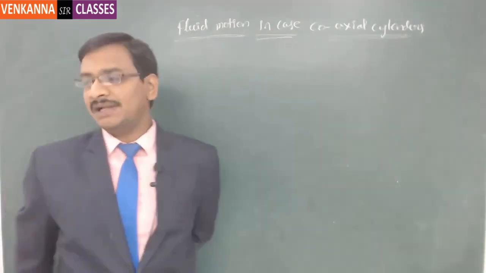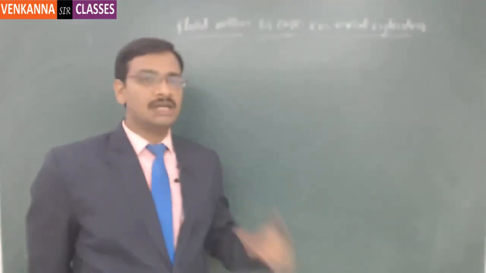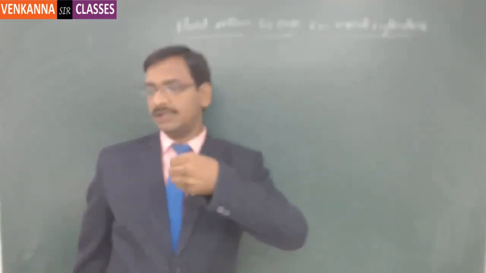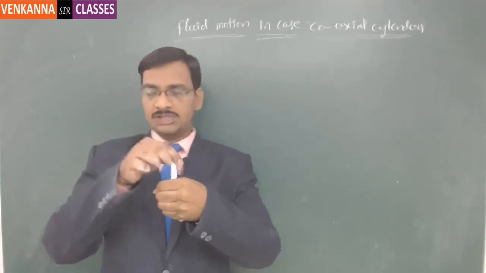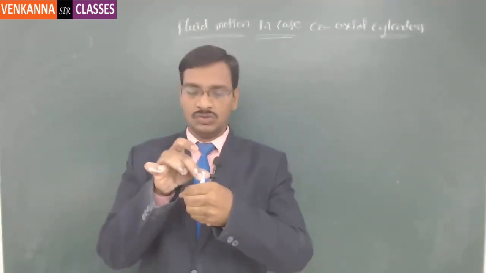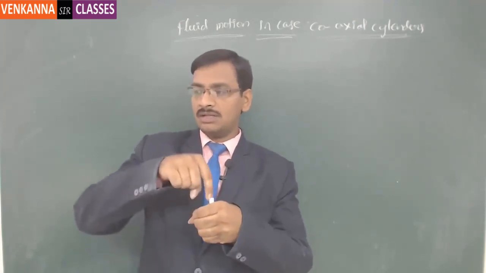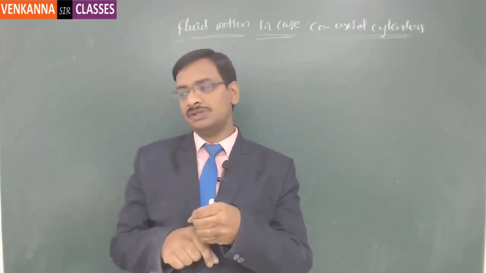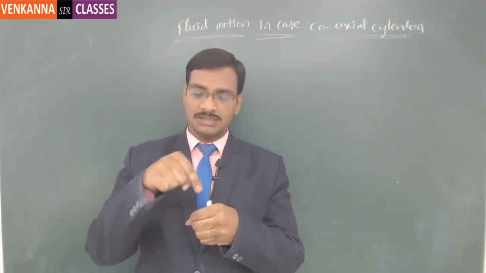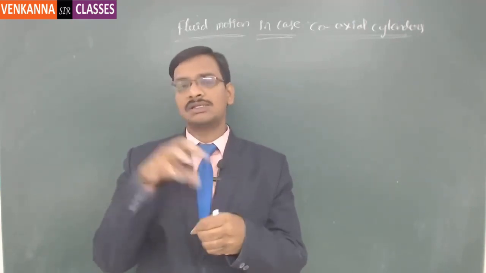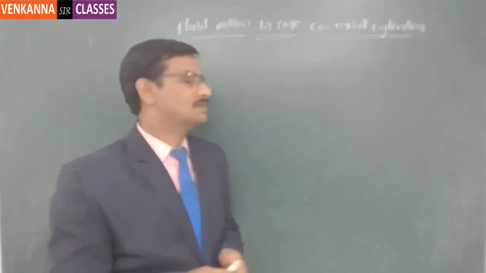By coaxial cylinders we mean there is one cylinder, and there is one more cylinder like this. These two have the same axis line, the vertical line, which is the axis of the cylinder. This axis is the same for both cylinders. This kind of system we call coaxial cylinders.